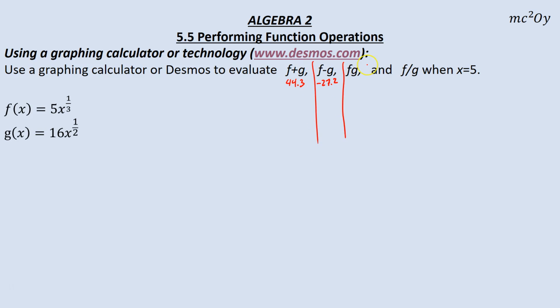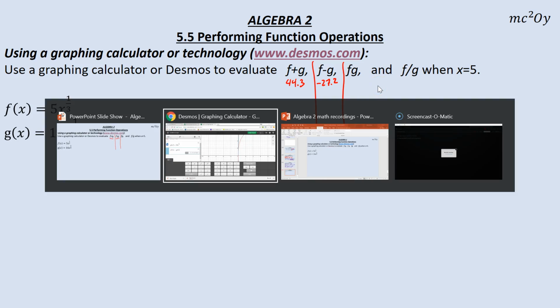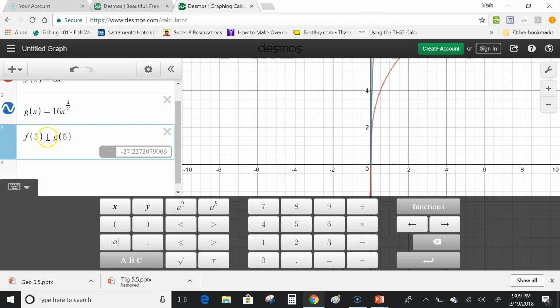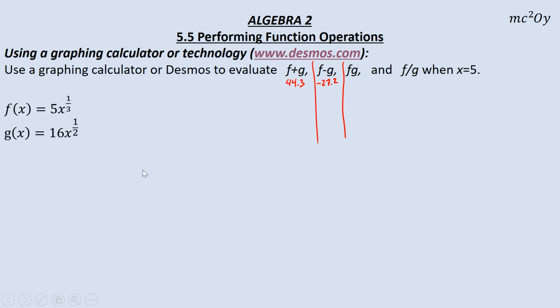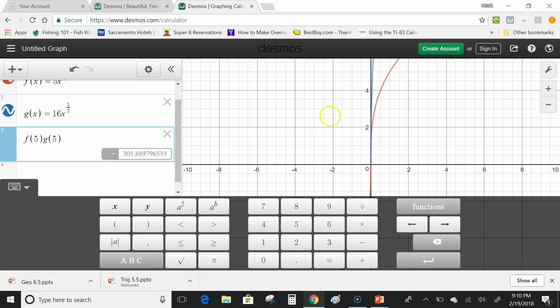All right, and f times g. Change it to multiplication. There we go. 305.9. And the last one, f divided by g.